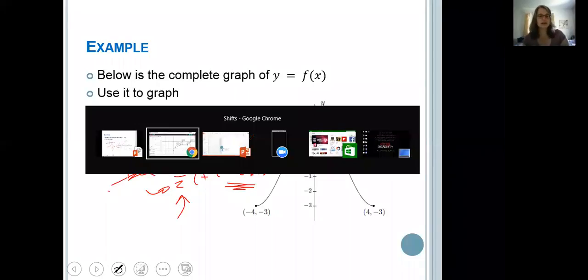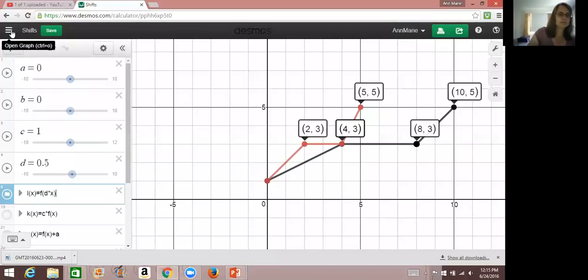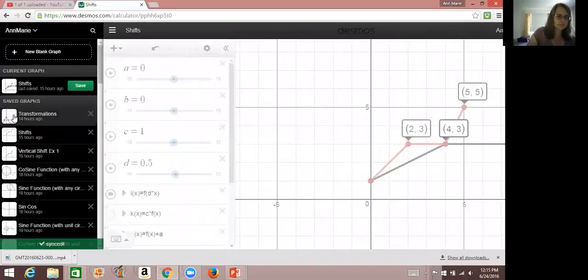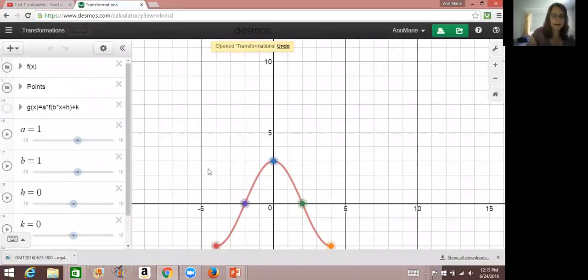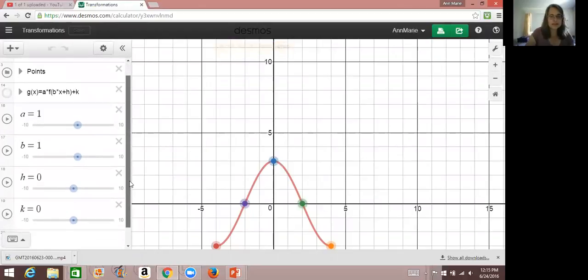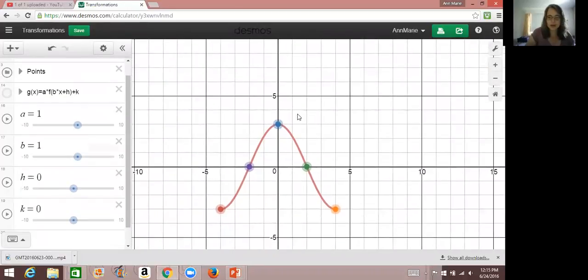So let's take a look at that. So I've marked some points on my graph. All right, now, remember what we're doing.